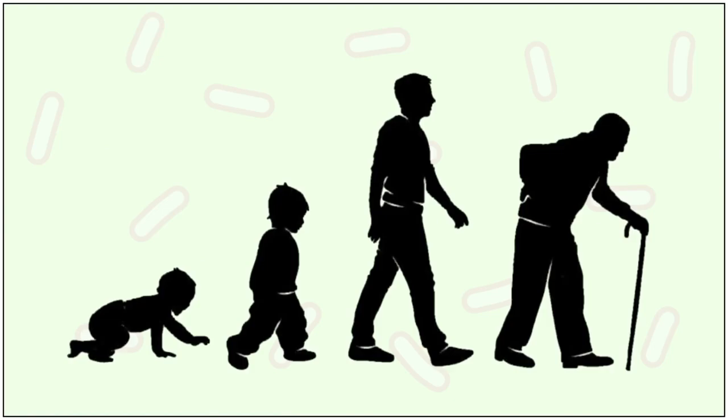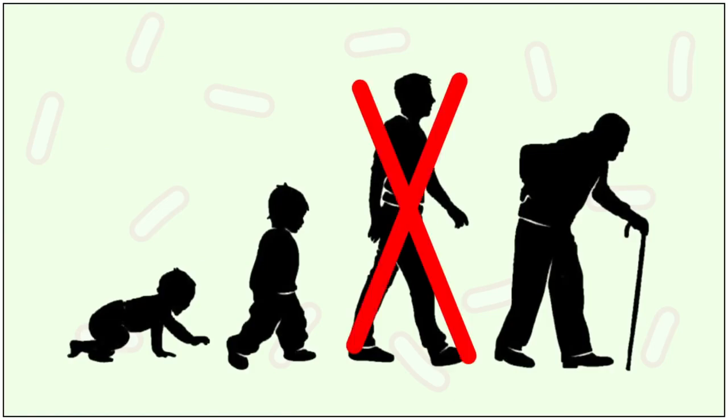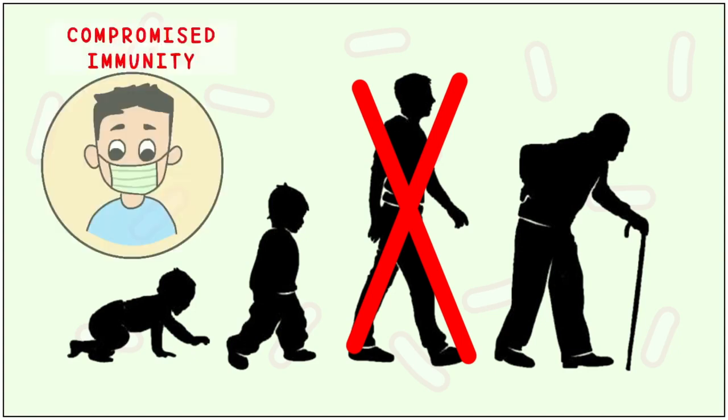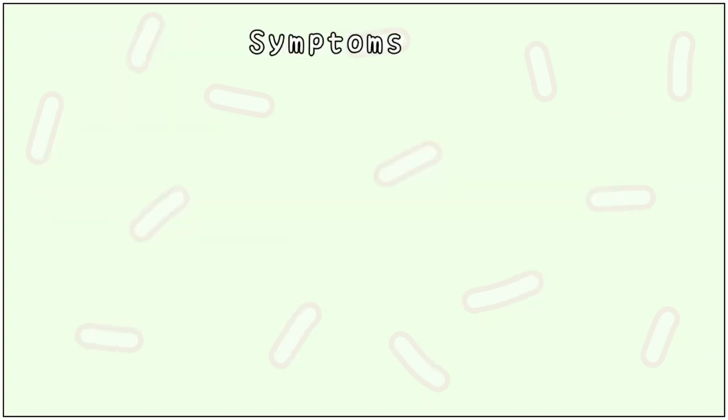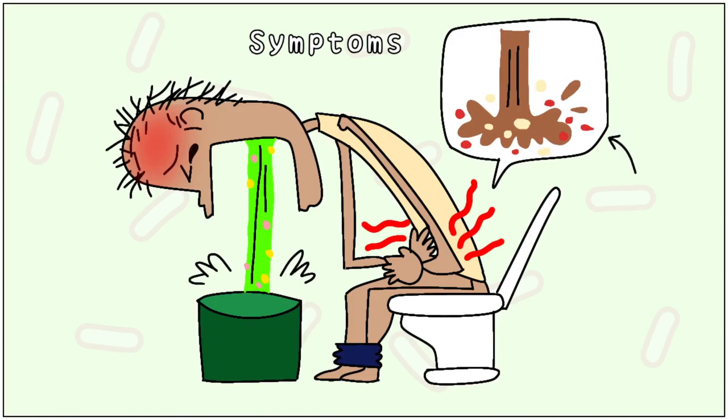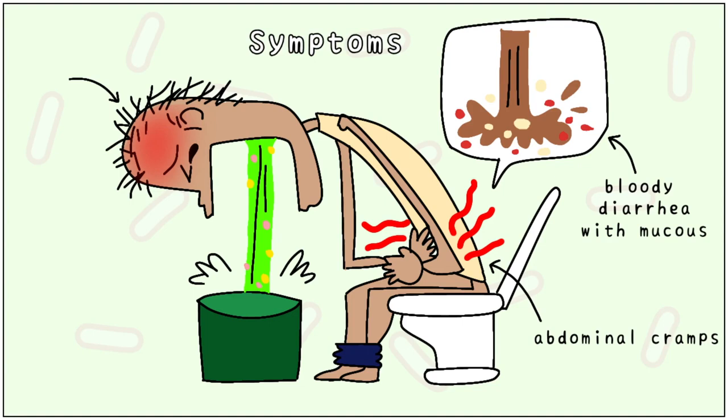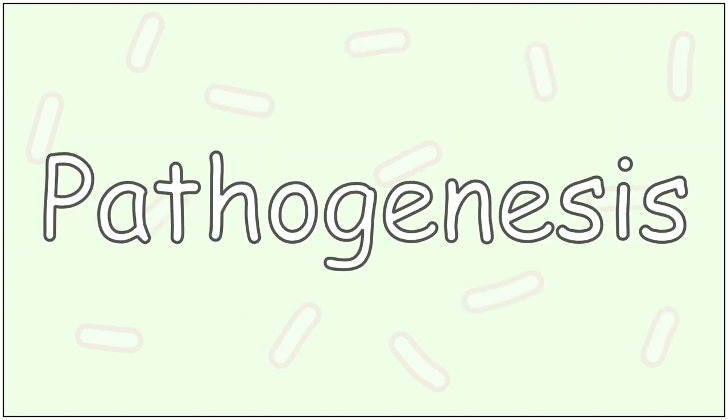Shigella primarily infects children and the elderly, along with those having compromised immunity. Infection by Shigella causes bloody diarrhea with mucus, abdominal cramps, fever, accompanied by nausea and vomiting.